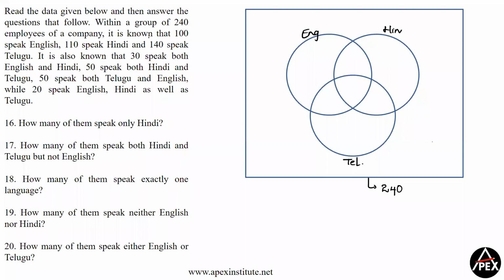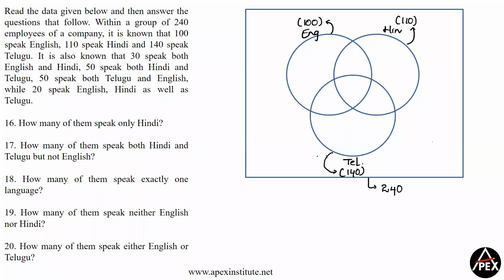So we have 100 employees speaking English, 110 speaking Hindi and 140 speaking Telugu. So this set represents 100 people. This set represents 110, and this set represents 140.